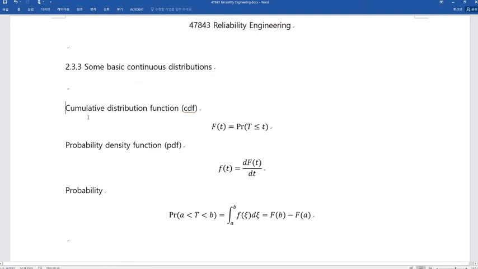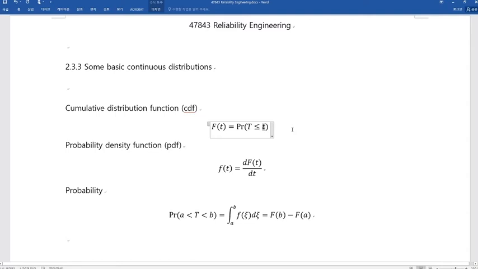Of course, last time I first gave you some introduction on the concept of a cumulative distribution function, which will be abbreviated as a CDF. The CDF of a function at time t is given such that it is the probability that failure occurs prior to the time of interest t.